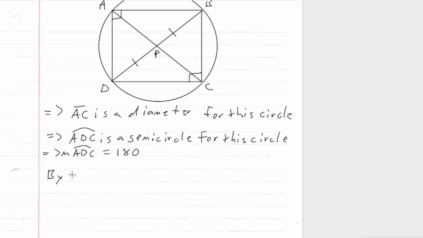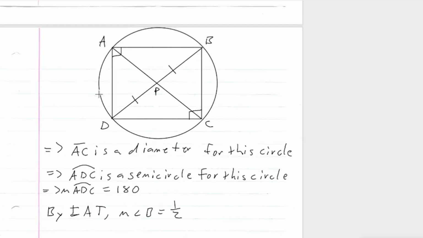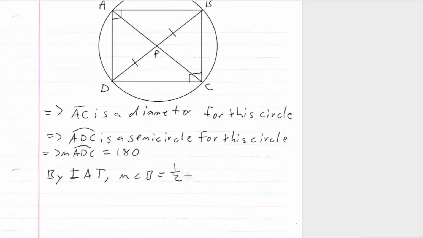Now, by the inscribed angle theorem, I know that the measure of angle B is equal to half, right? If I go up here, half of arc ADC, which of course is half of 180, which is 90.